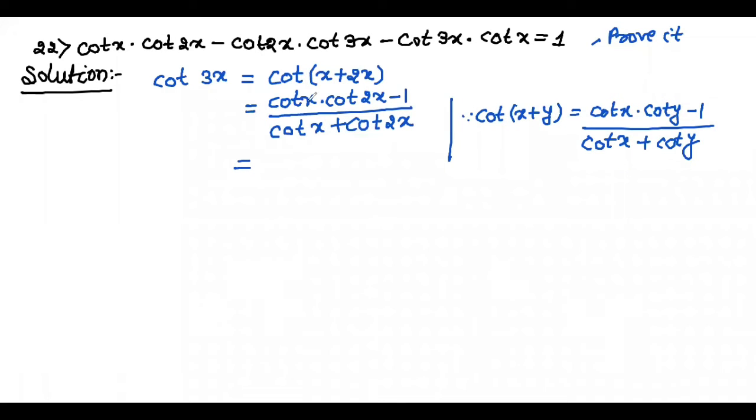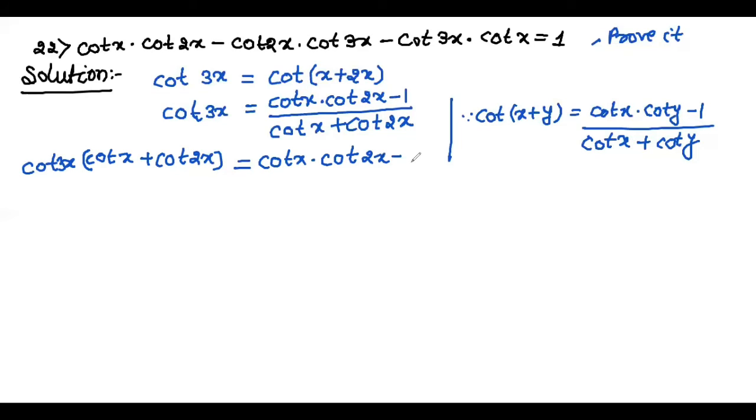Now in the left hand side we have cot of 3x. Now I'm multiplying cot 3x with this denominator part, means cross multiplication. So we will get cot 3x into cot x plus cot 2x is equal to cot x into cot 2x minus 1.